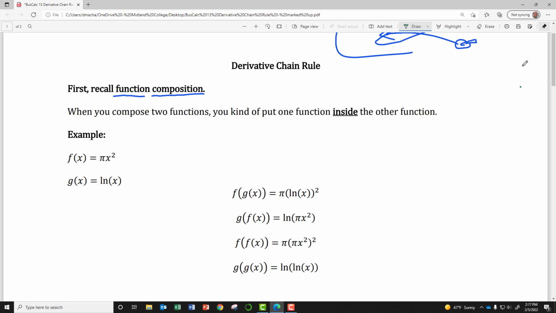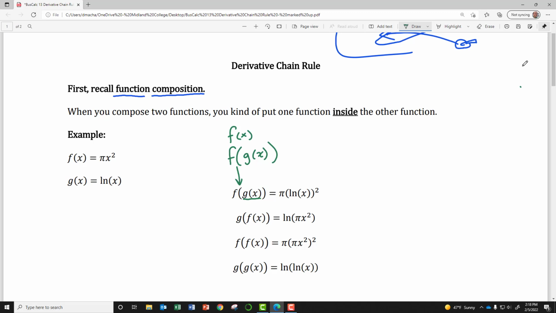the idea here, if we check this one out, I have my f function, which is typically denoted f of x, but right here I have f of g of x. So notice I squished a g of x function inside of the f of x function. Where the input normally goes, I actually wrote g of x.